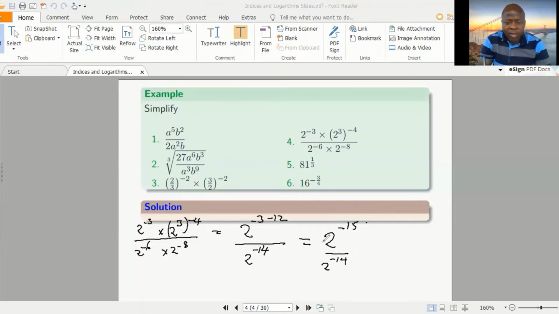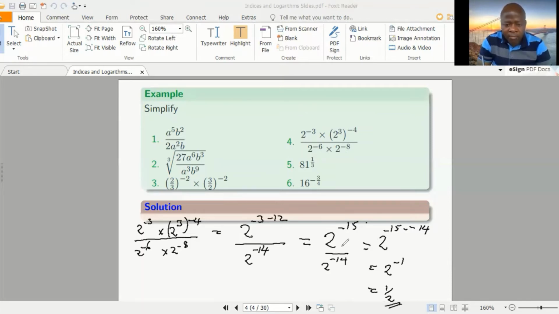And what it says is that if it's division, we subtract the powers. So that means we would have 2 raised to negative 15 minus negative 14. The negative and negative make a positive. So we then have 2 raised to negative 1, or just a half. So a half is the answer.